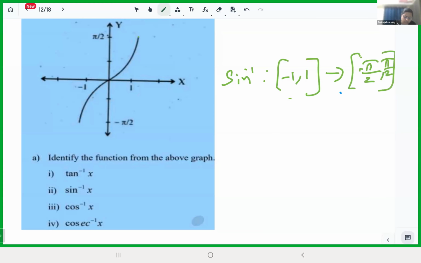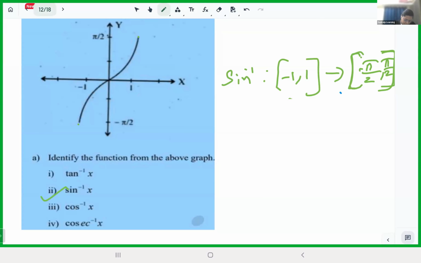Here you can see that pi by 2 and minus pi by 2 are included because there are no imaginary lines over there at minus pi by 2 and pi by 2. So we can clearly say that minus pi by 2 and pi by 2 are included, so it is a closed bracket. So the graph shown here is nothing but sine inverse of x.